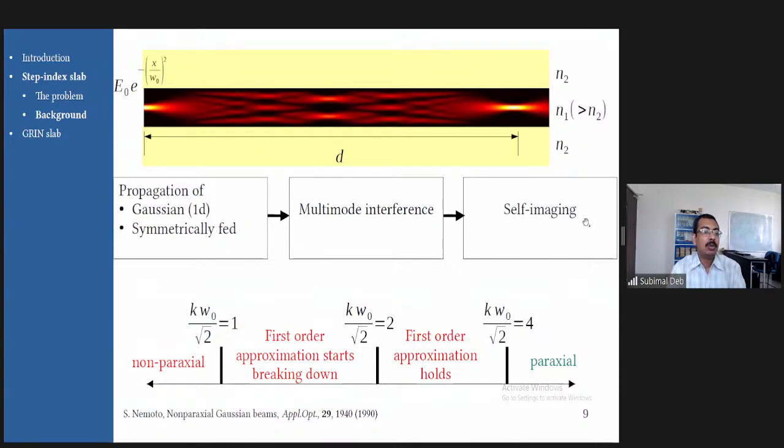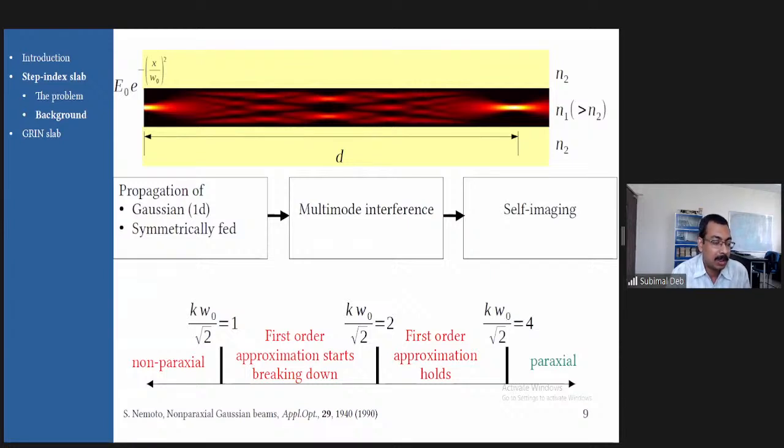Anything between 2√2 and 4√2 is good enough for describing this Gaussian beam with a first order approximation term. With KW0 lying between √2 and 2√2, you require rather one more term, or rather two terms, to describe the beam properly, and therefore the first order approximation starts breaking down.